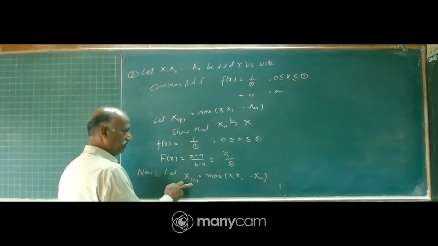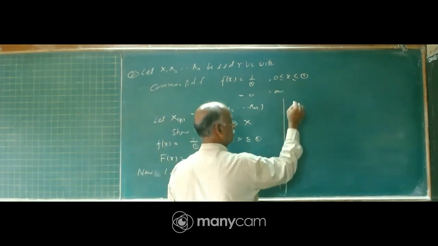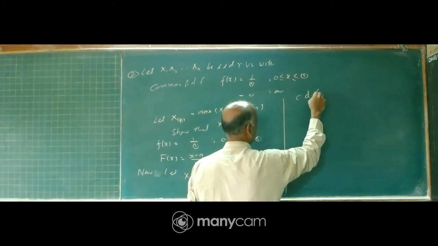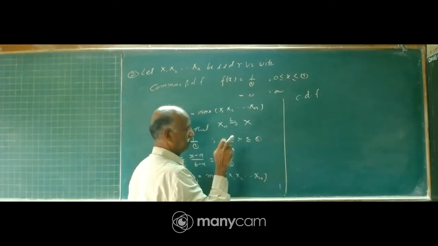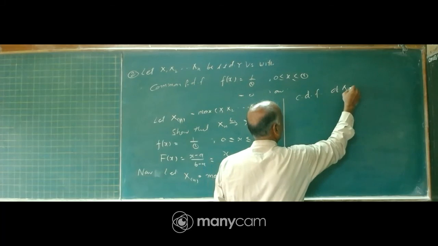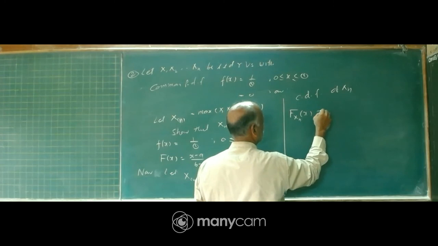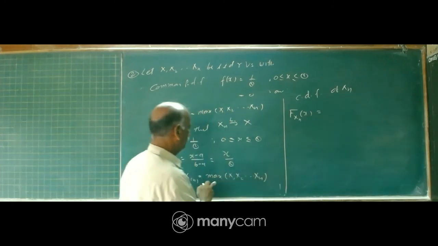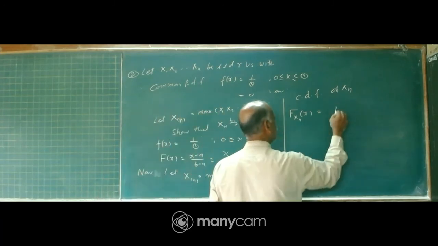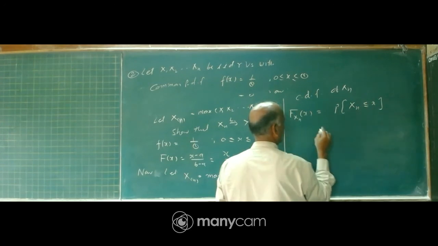आता आपल्याला क्युमुलेटिव्ह डिस्ट्रीब्युशन फंक्शन काढायला पाहिजे. क्युमुलेटिव्ह डिस्ट्रीब्युशन फंक्शन ऑफ Xn, x इज इक्वल टू प्रोबॅबिलिटी दॅट Xn is less than or equal to x.